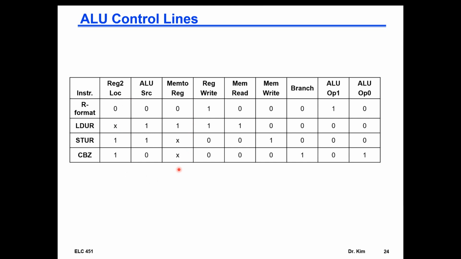The input of this truth table, because all these are outputs of that combinational logic, is going to be the opcode of the instruction. Essentially, this is the input, which we are just labeling, but from the opcode, we can tell whether we have an R format instruction, whether we have a load, a store, or a branch.